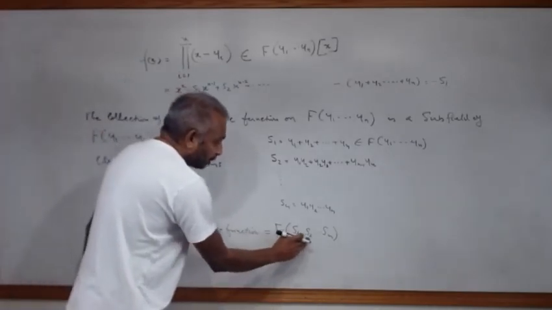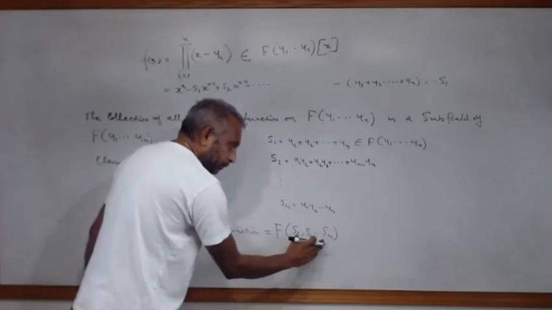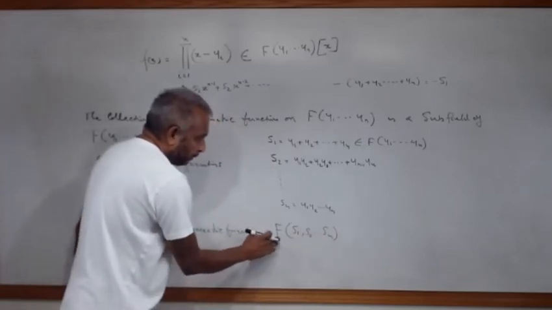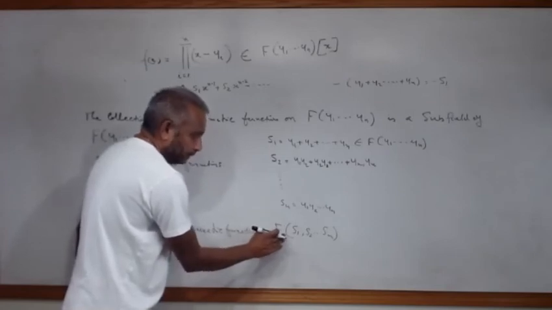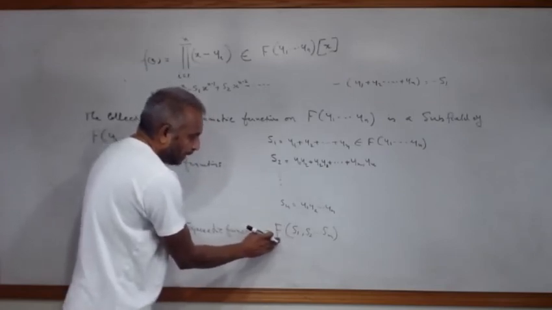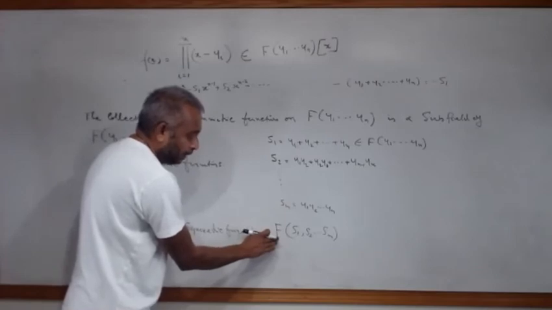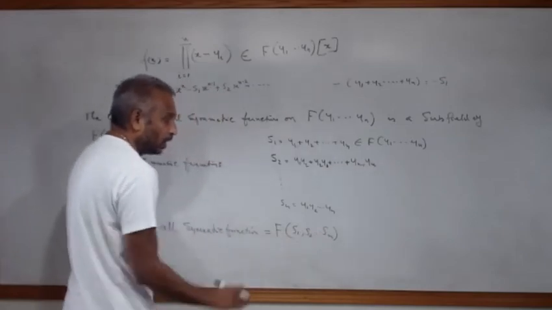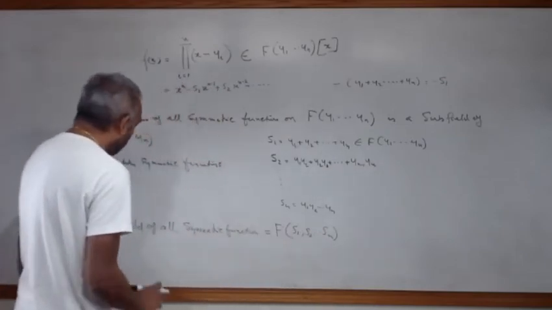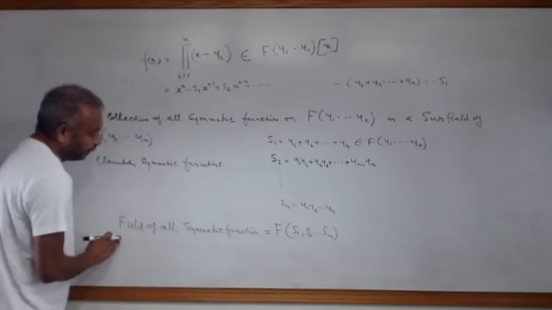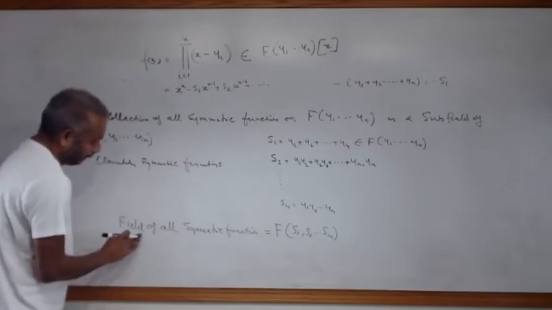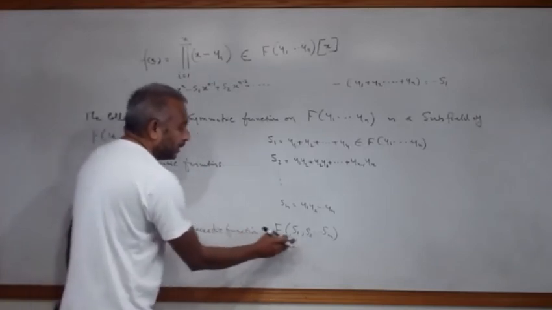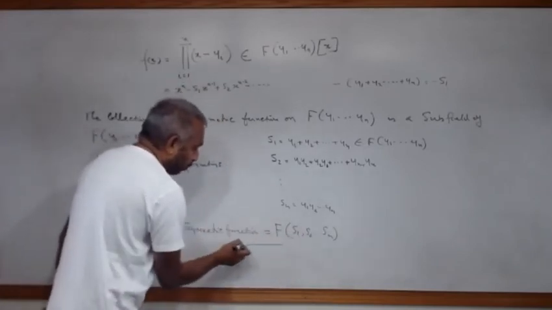These are also symmetric functions, but we are considering a field on S1, S2, ..., Sn, not on the yi. So our objective is that the field of symmetric functions is equal to this. So that is what we are going to prove.